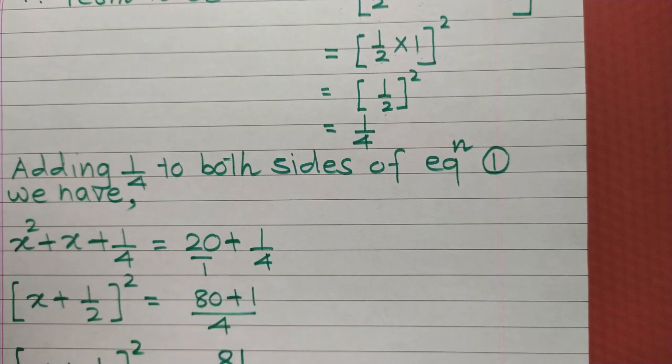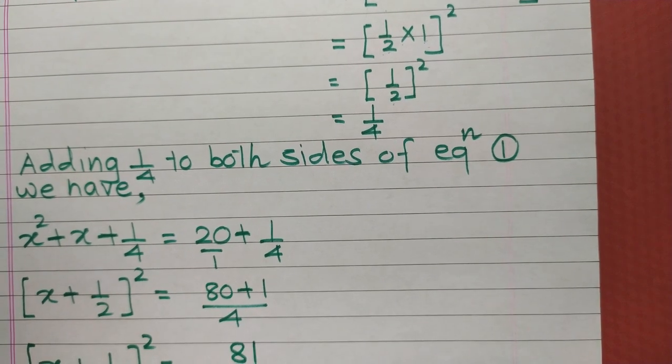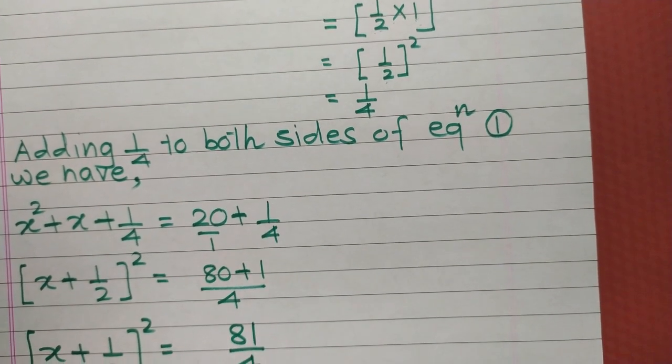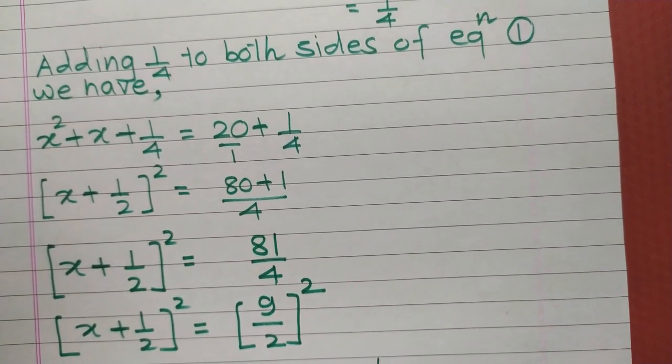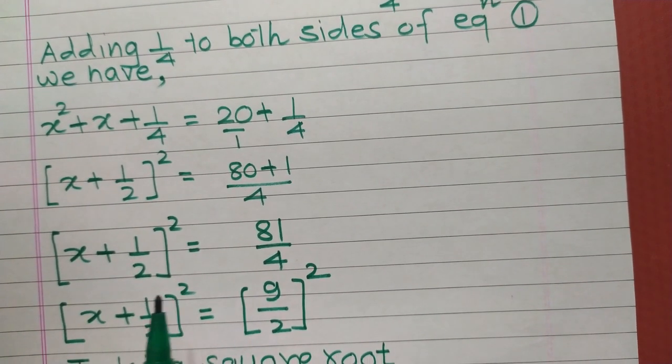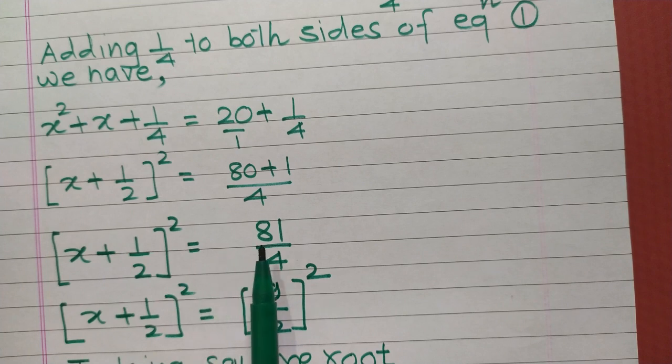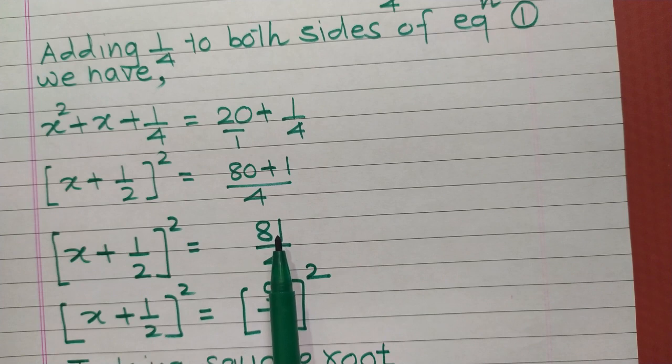Therefore, x plus 1 upon 2 whole square is equal to, I'll just shift the page a little up, 81 upon 4. Now 81 is the square of 9 and 4 is the square of 2.